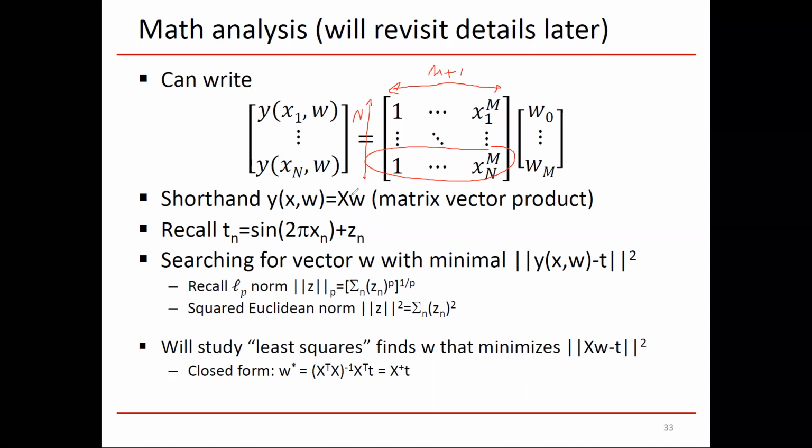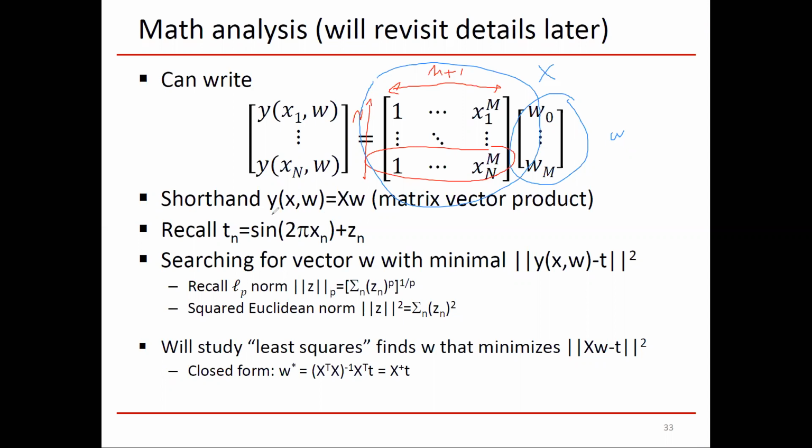In shorthand, we can denote this entire matrix as capital X, and this vector by lowercase w. Typically, we'll often use capitals for matrices. y as a function of x and w is the matrix X multiplied by the vector w, a matrix-vector product.